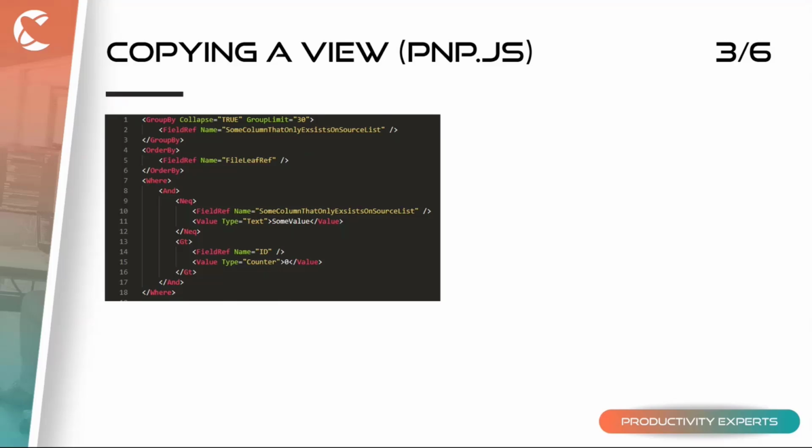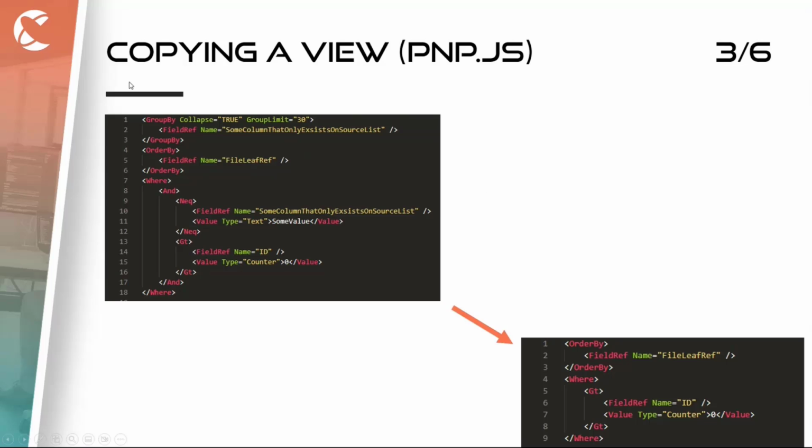If you have multiple and/or conditions, there might be a very deep structure visible here. And in the end, if you have some column that only exists on my source list, then this view query needs to be parsed and changed. For example, if we have to remove that column, it will need to look like the following on the right-hand side of the screen.